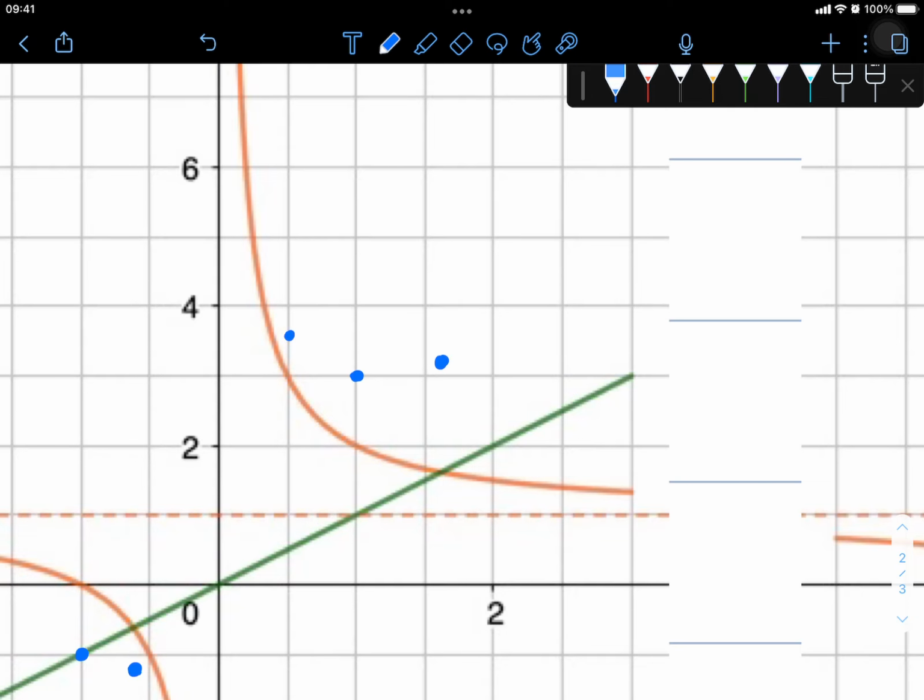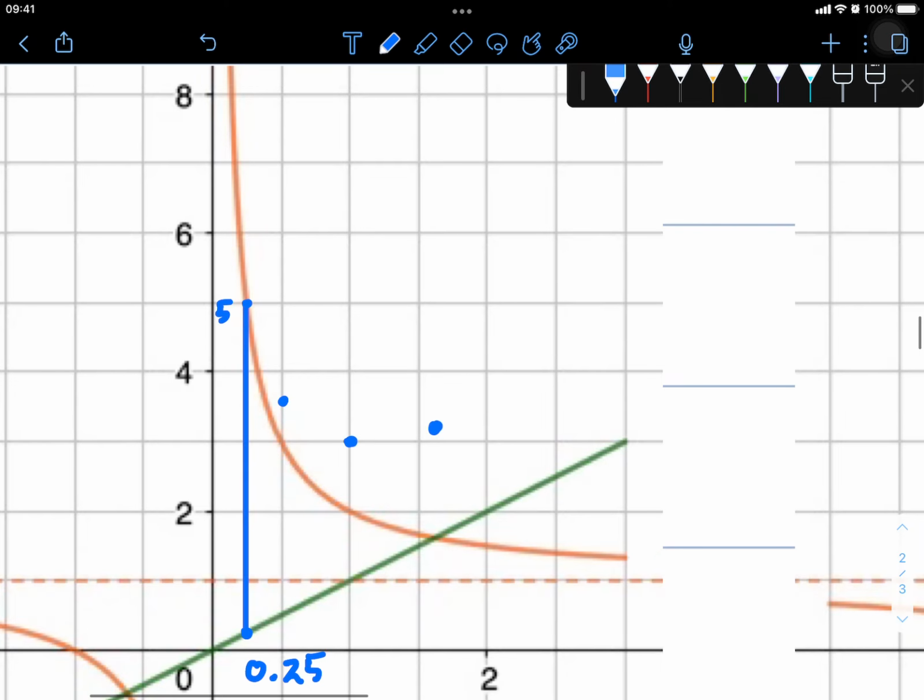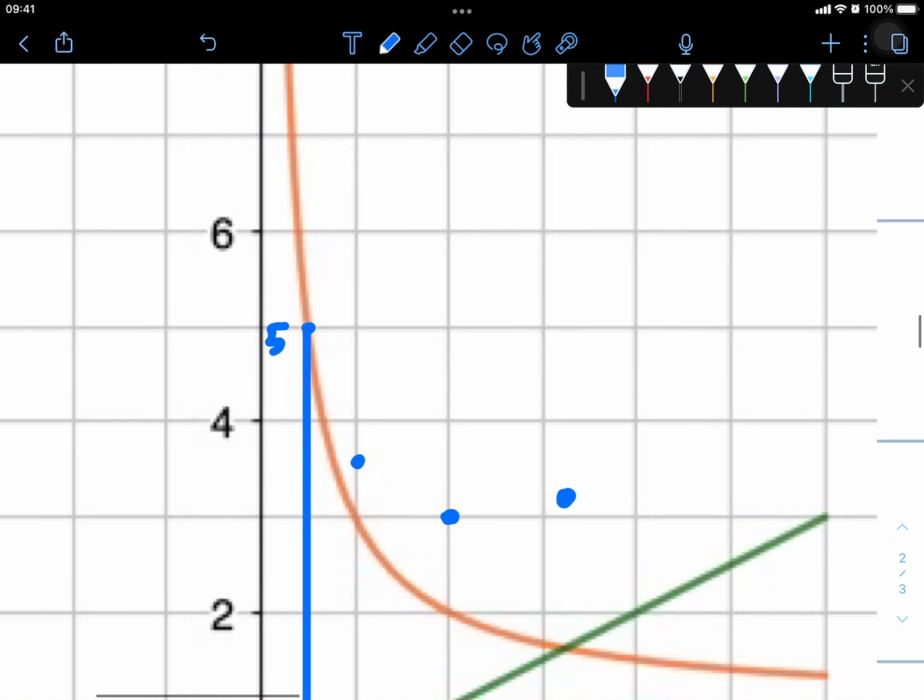Let's pick another point. This point here looks to be about a quarter. That's 0.25 in y. And the height of f at that same point looks to be about 5. 5 plus a quarter is 5.25, so it's a teeny tiny bit above, like so.